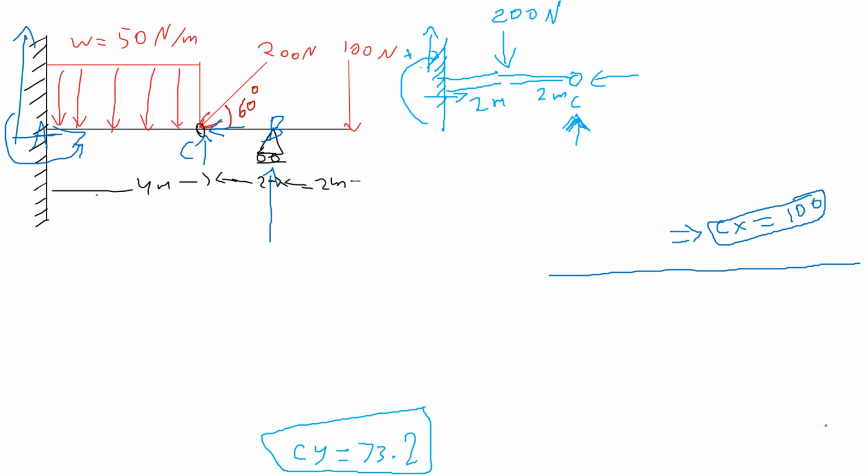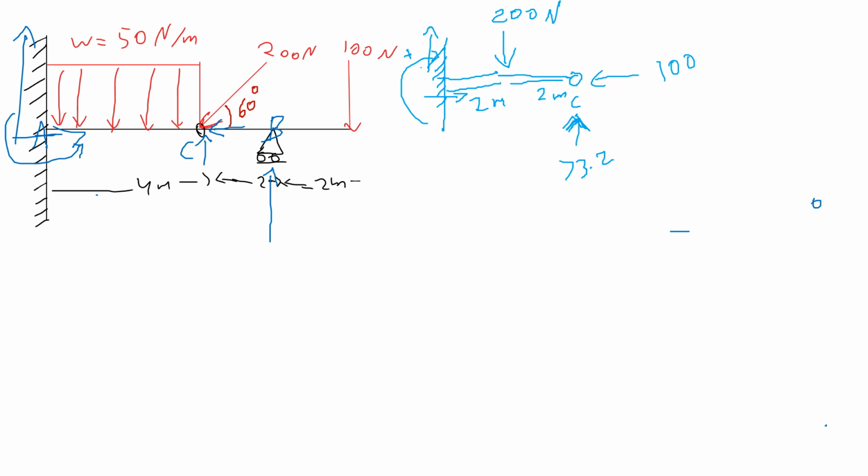So what I found out from part 1 is that the CX is 100, and this one is 73.2. So I can go ahead and erase this, and start over.